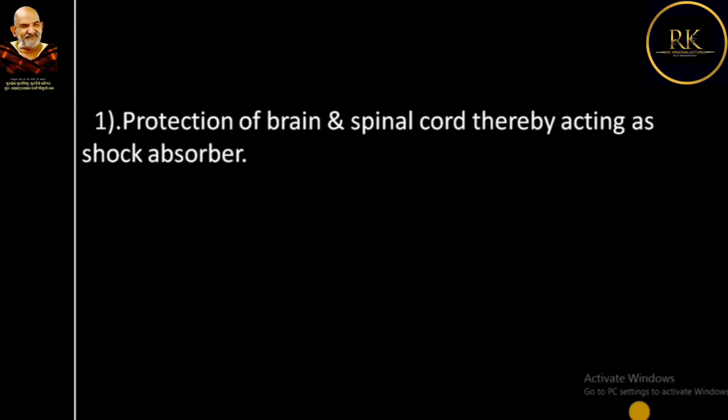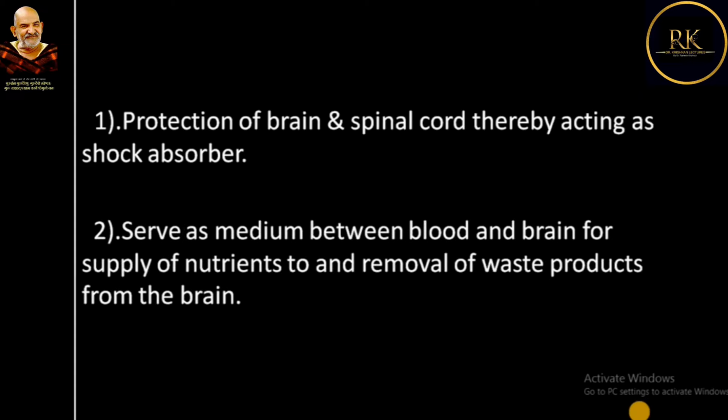It protects the brain and the spinal canal, thereby acting as a shock absorber. It serves as a medium between blood and brain for supply of nutrients to and removal of waste products from the brain.